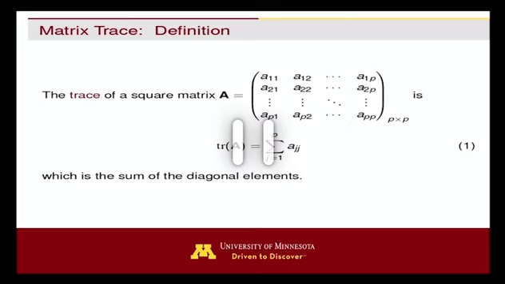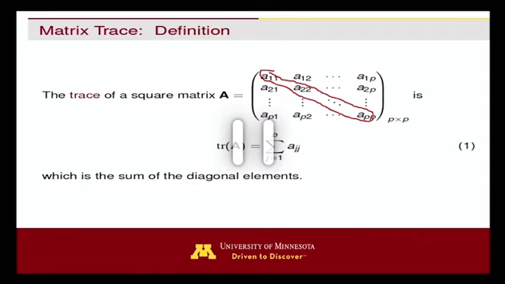Of course, you add the variances in the diagonal. When you take a look at what I have in the diagonal, A11, A22, A33, when I add all of that up, that gives me the trace. So the trace of a matrix is adding the elements in the diagonal. Add them up. That's what we call the trace.